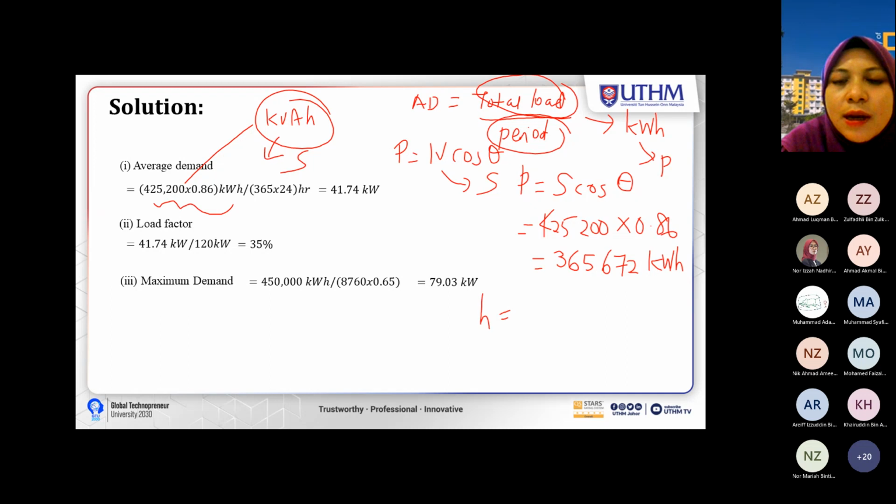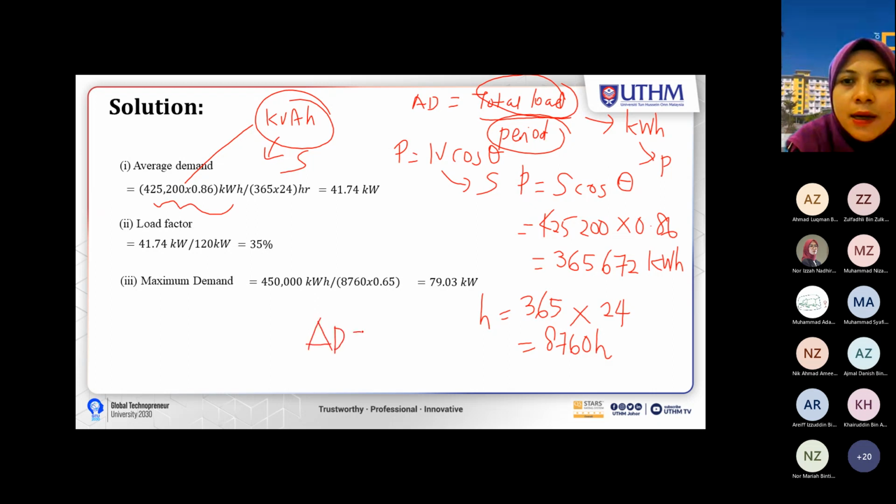So setahun ada berapa hari? 365 hari kali dengan berapa jam? 24 jam. Dapat jawapan 8760 hours.